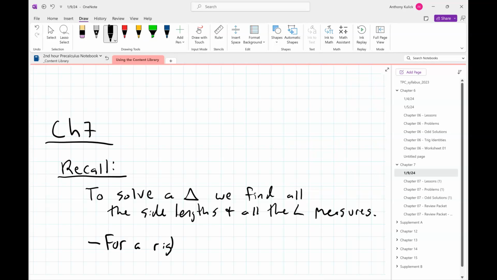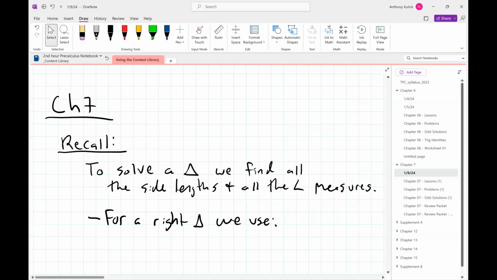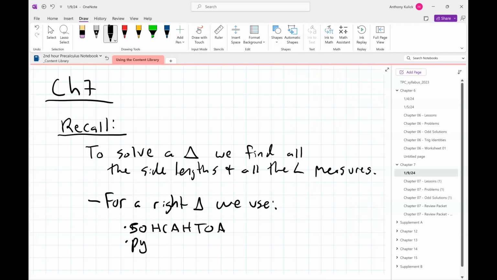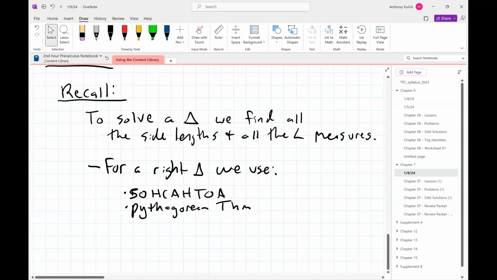For a right triangle, we can use SOHCAHTOA and the Pythagorean theorem, right? Does everybody remember doing this in first semester? Okay.